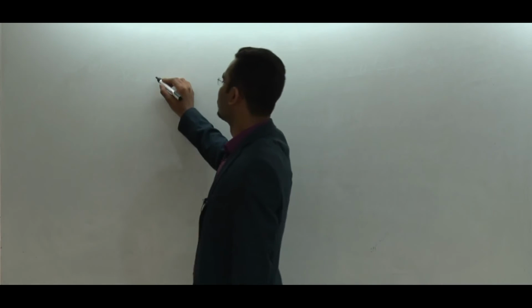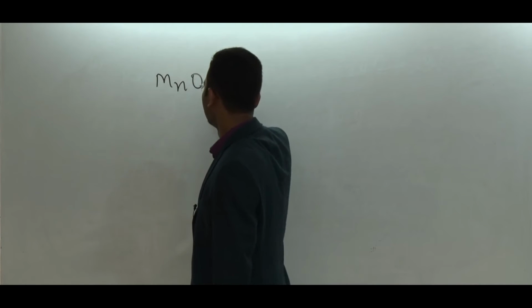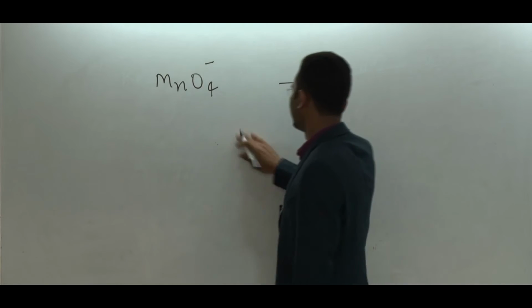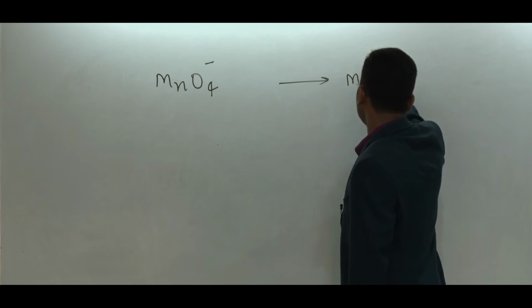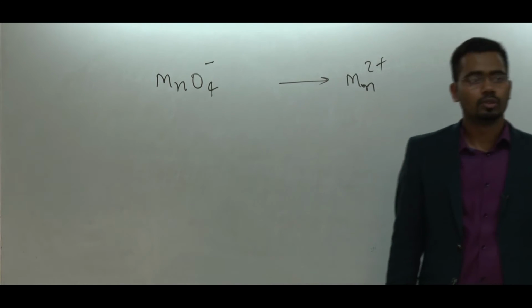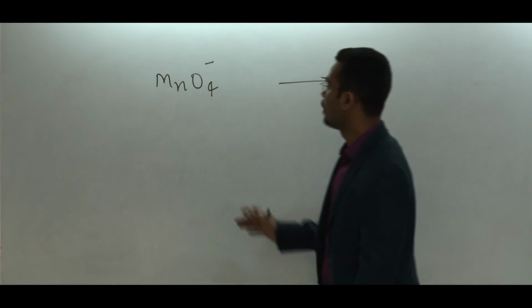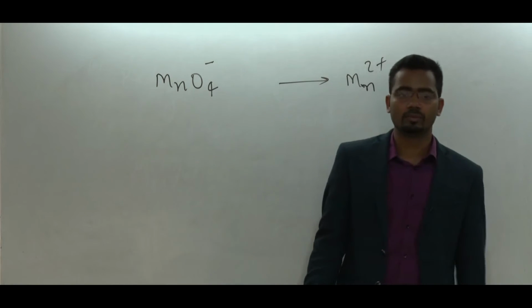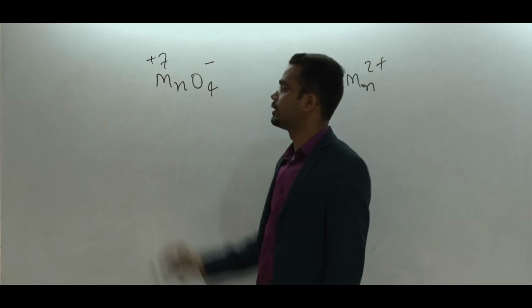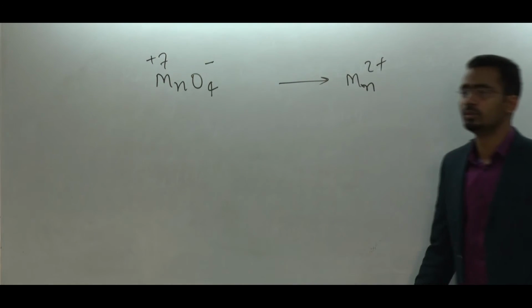Redox electrode. So what is a redox electrode? Any redox reaction, for example MnO4- undergoing to Mn2+. You have to write the cell representation for this reaction. So first of all, write the balanced reaction. First find the oxidation state of manganese here. What is the oxidation state? +7, and here +2.